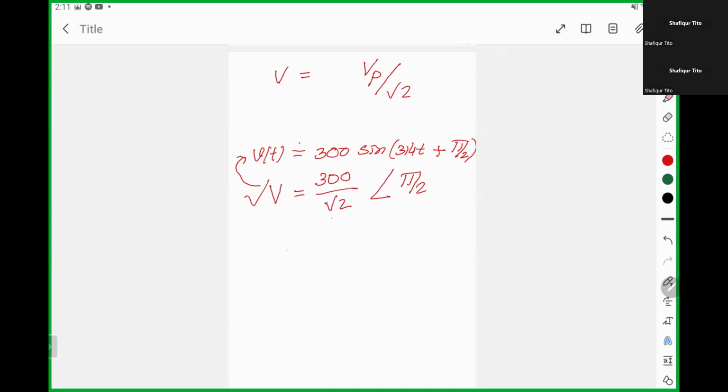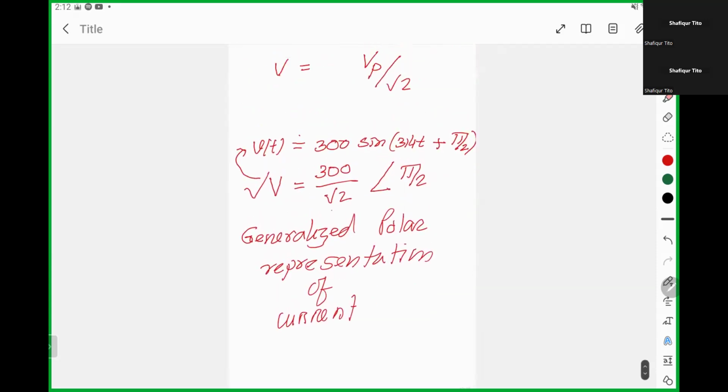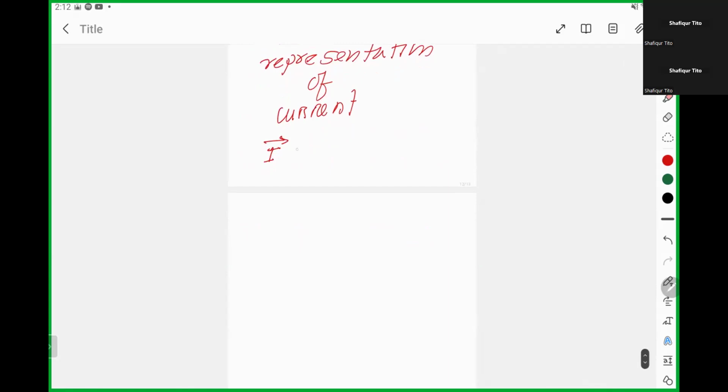If I write down the generalized polar representation of current or voltage, the polar representation of current is my vector or phasor, I RMS, making an angle of theta. What is the theta?